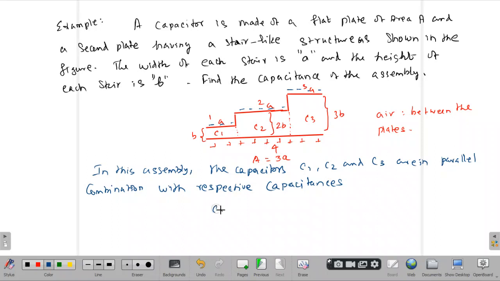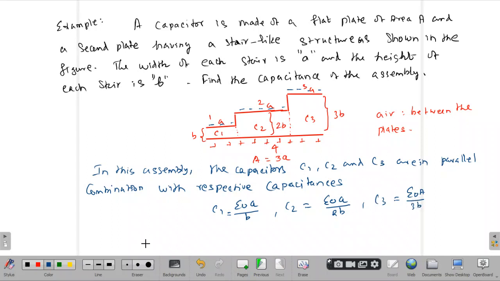What is C1? Epsilon naught, area is small a, separation is B. This is C1. And C2, epsilon naught, area is A, separation 2B. And C3, epsilon naught, area is A, separation is 3B.